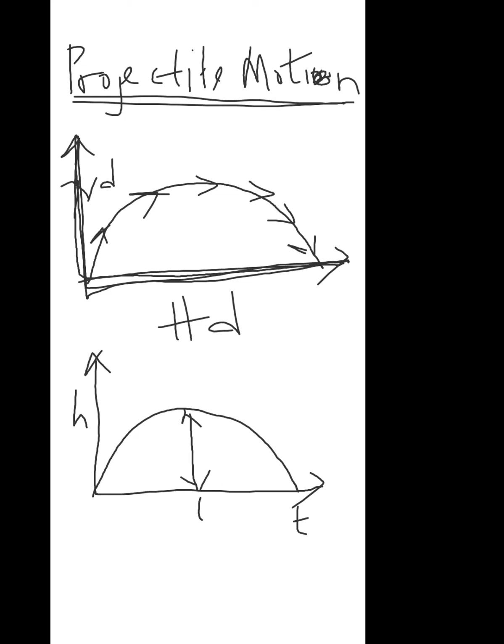Let me call it t, small letter t, while this one will represent the total time it takes to move through the whole trajectory. An object that is undergoing these curvy types of motion is called a projectile. So the motion of the projectile is what we refer to as projectile motion.